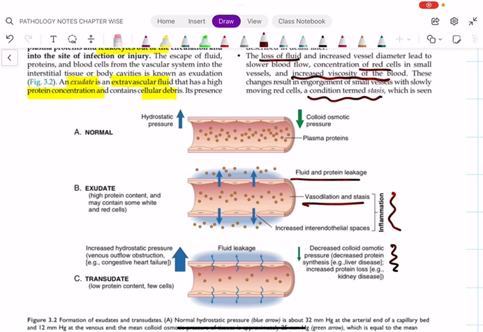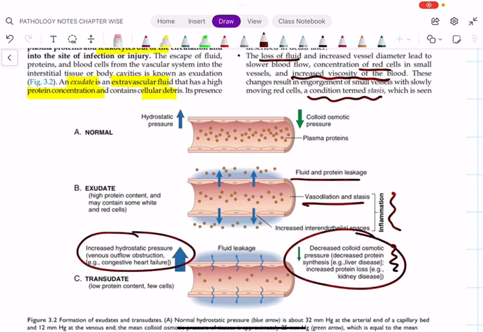Why? Because it may be due to increased hydrostatic pressure or decreased colloidal osmotic pressure. Transudate is responsible for the formation of edema. What is edema? What is the pathogenesis of edema? Already you would have learned that in CVS physiology. We will discuss it again in the hemodynamics chapter. As far as inflammation is concerned, exudate is important for us.